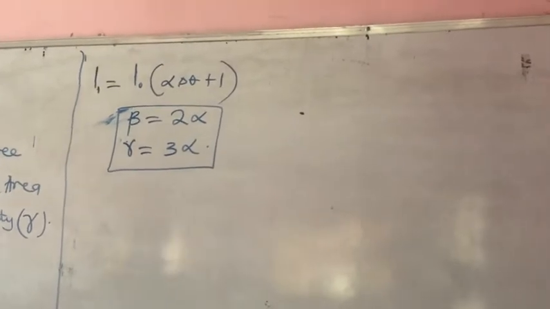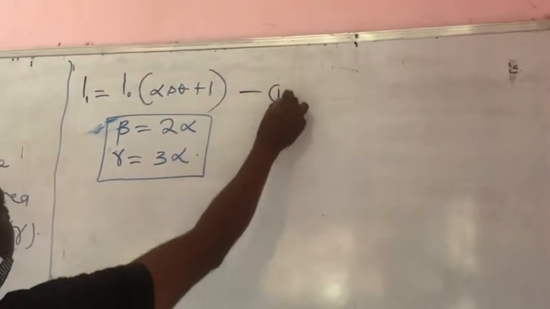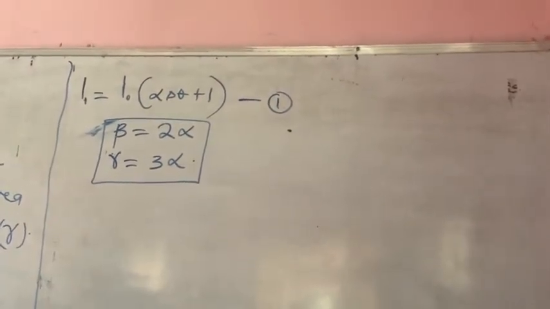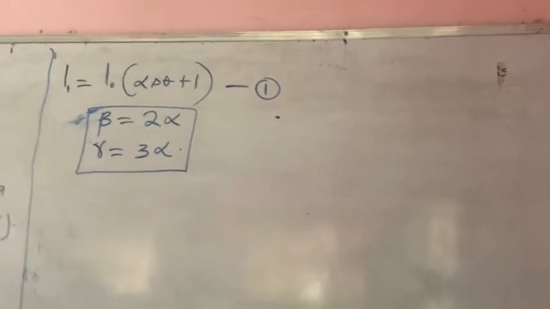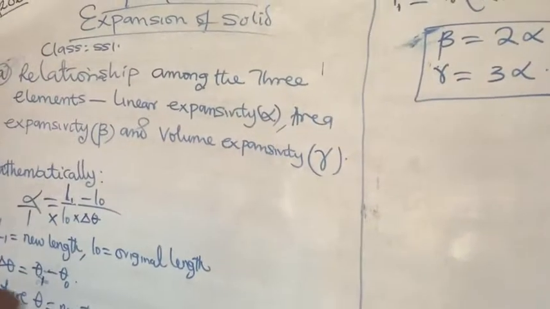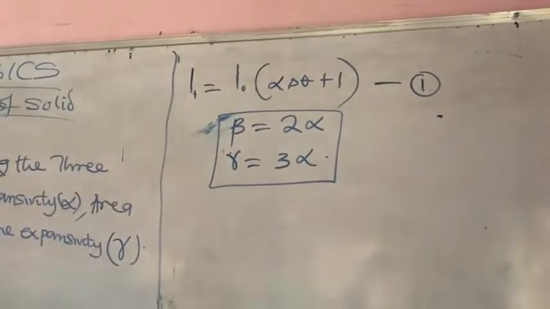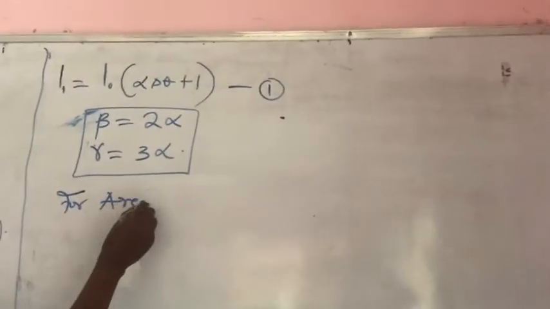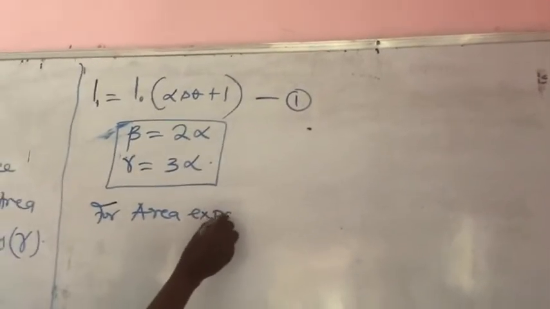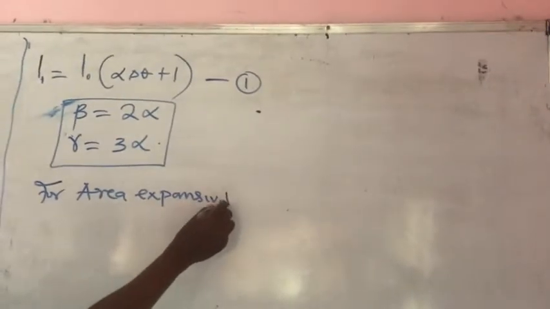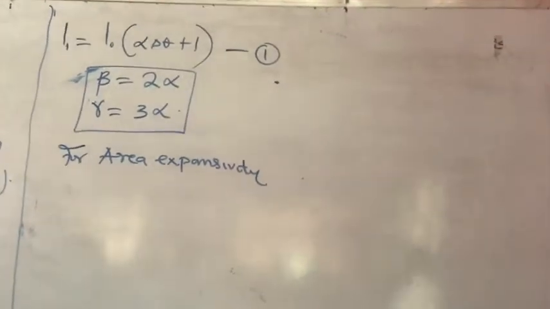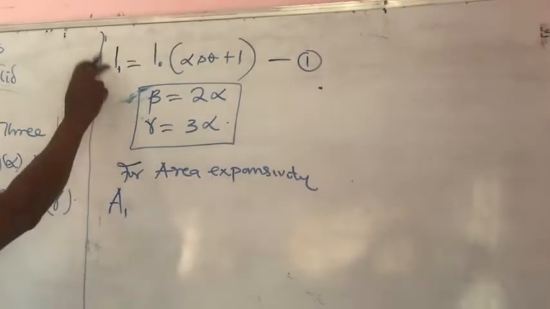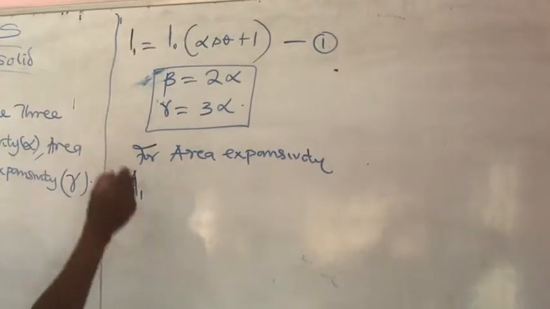Let's call this one equation 1. So we can derive equation 2 using area expansivity. Now we were dealing with linear expansivity, using L. For area expansivity, instead of using L1, we use A1. So we have A1.